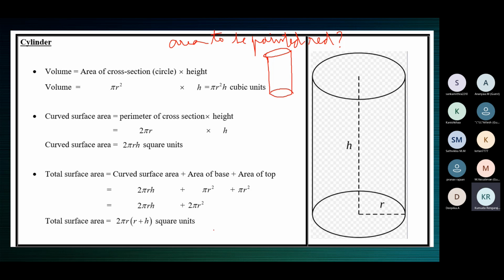Maybe my question is difficult or you're not still sure about the formulae regarding the cylinder.